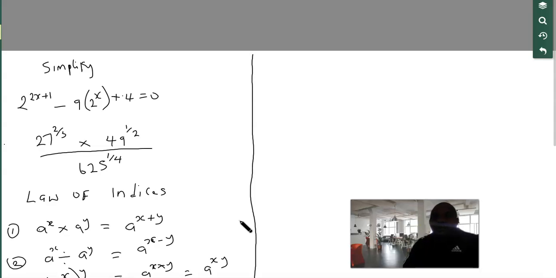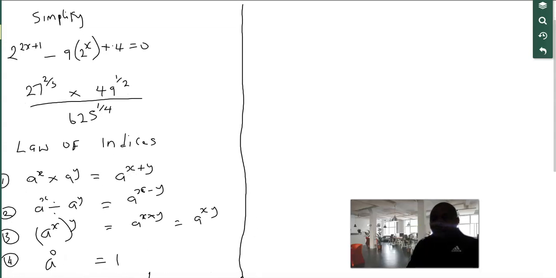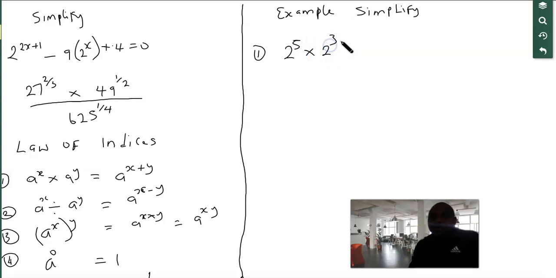Alright, let's do some examples on how to apply the laws of indices. Simplify the following. Let's do the first one: 2 raised to 5 times 2 raised to 3.